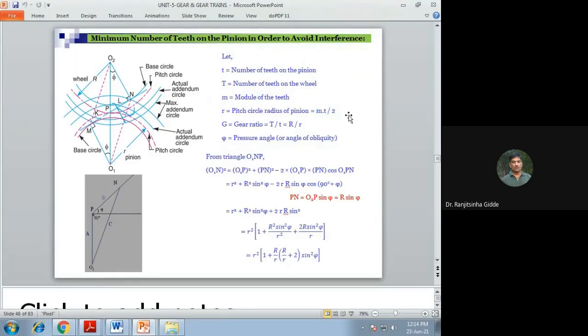Similarly for the capital R in the next slide.